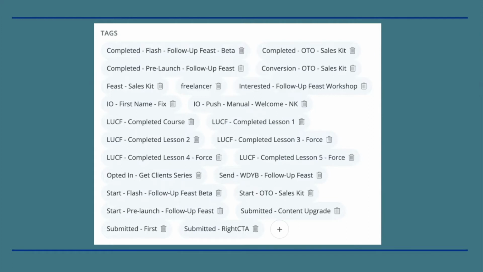But based on the conversion tag, the one-time offer, that's what OTO means, of SalesKit, I know that within 24 hours of submitting either one of those 3 lead magnets, they bought something from me, right? And in ConvertKit, you can't see it in this still, but if I hovered over each of those tags, it would give me a timestamp.